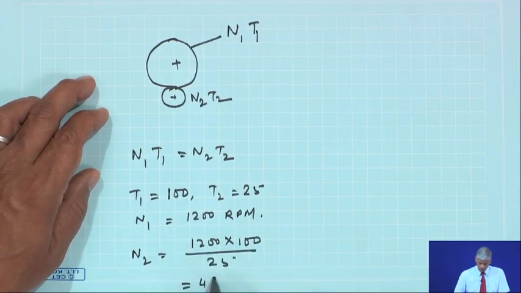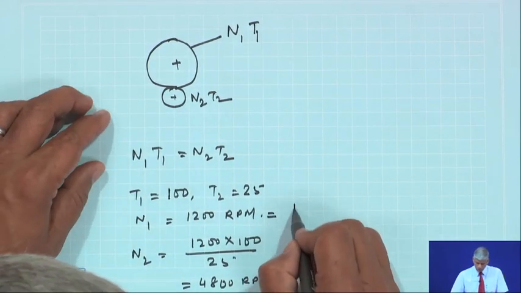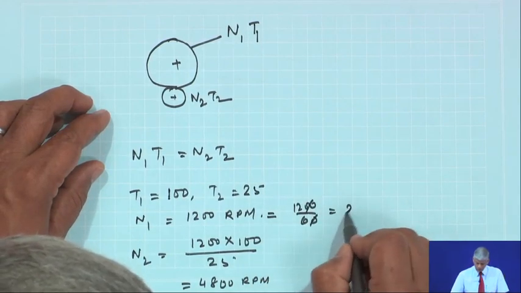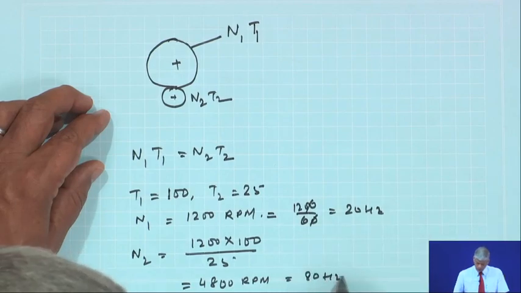This is nothing but 4800 RPM. So 1200 RPM corresponds to 1200 by 60, that is 20 hertz, and this is about 80 hertz.